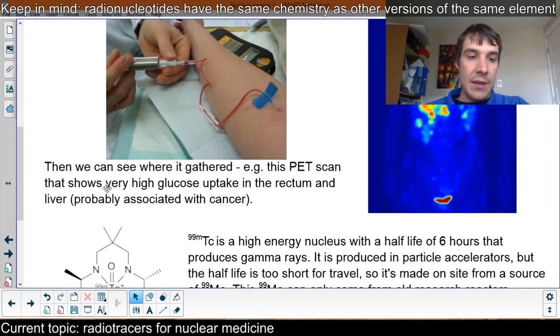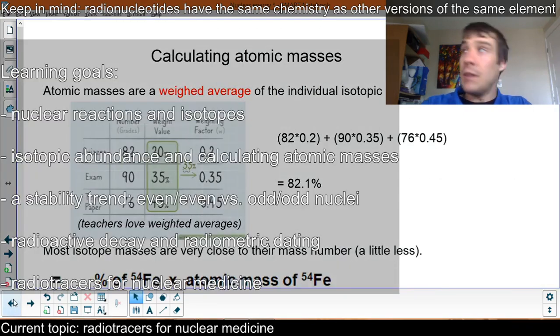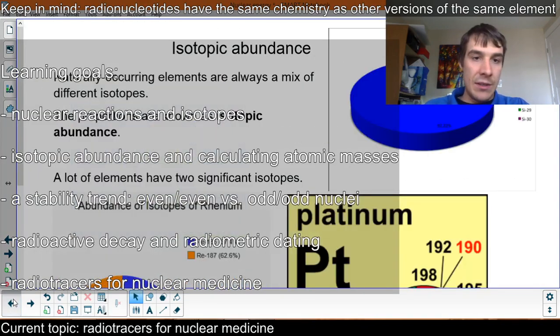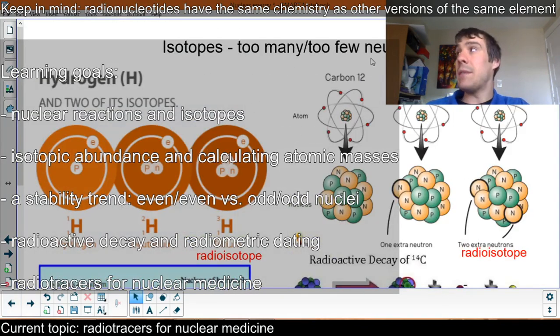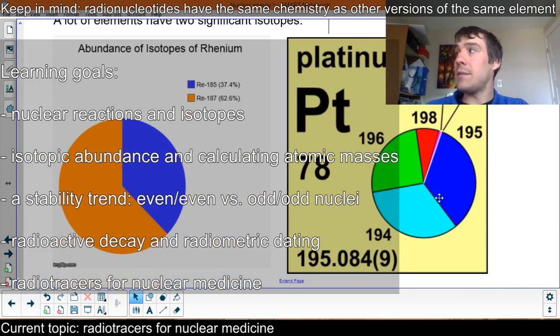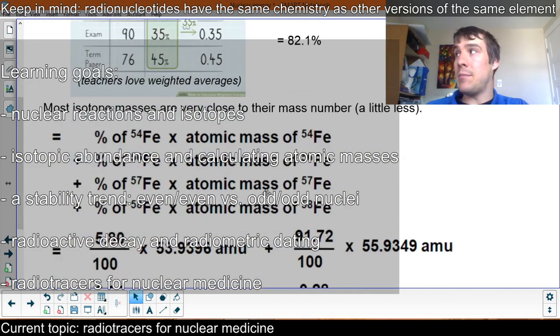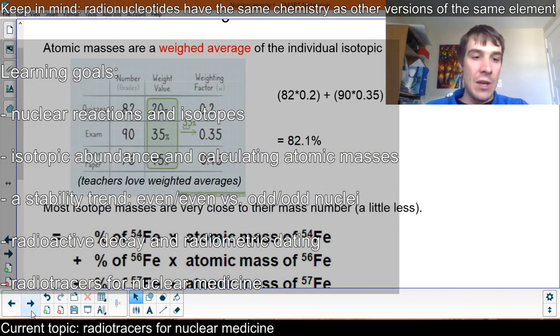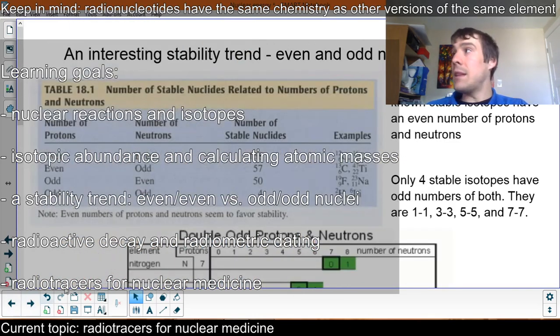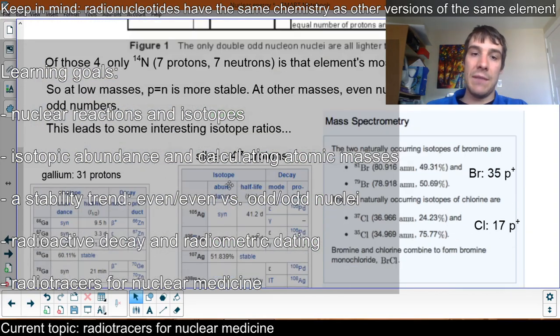That's long enough. Just a recap, we talked about nuclear reactions and isotopes, isotopes having too many or too few neutrons. We talked about isotopic abundance, that different elements have different proportions of their different isotopes. We talked about how to calculate atomic masses by doing a weighted average. We then talked about even and odd and how the number of nucleons can affect stability.